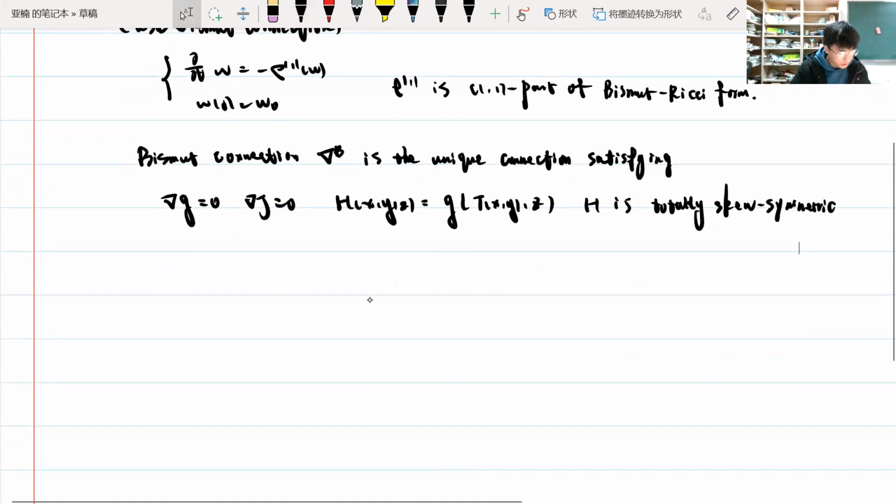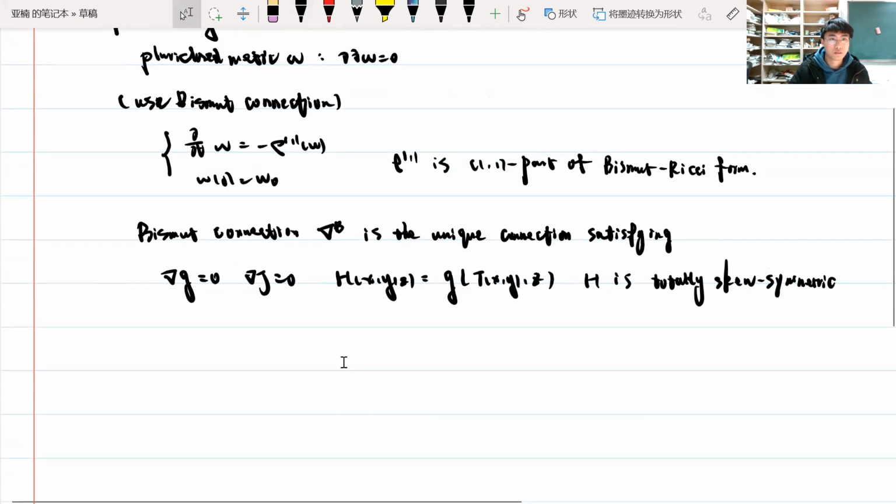And meanwhile, we can use another form of pluriclosed flow today. Use the Hodge star operator.